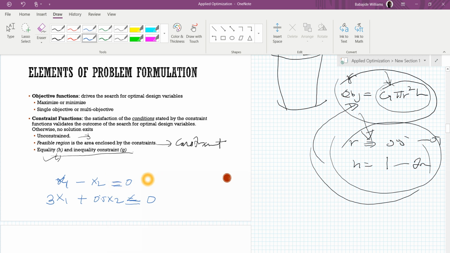The constraint is symbolically represented by h, that's h right there. We can call this h1 of x1, x2. You might have several of them, and then you have g1 of x1, x2. These are functions.